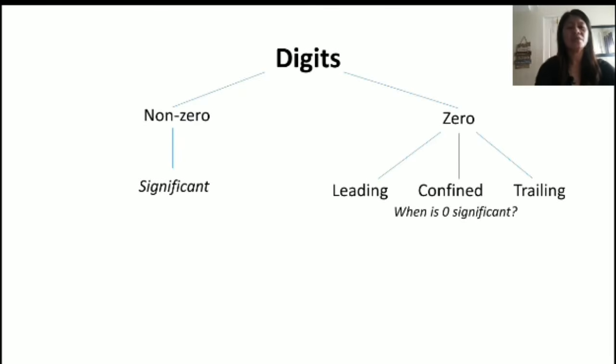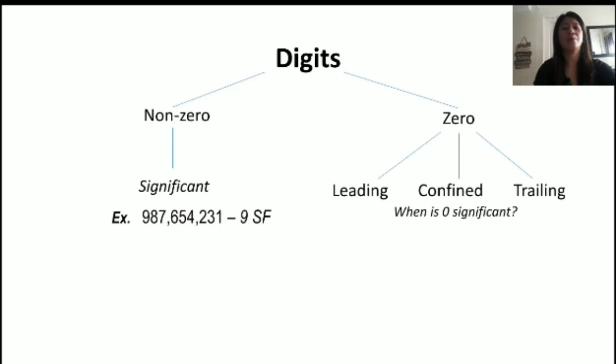So in terms of significance of digits, we consider the following flow chart. You will see here the breakdown of digits as non-zero and 0. So to recall the guidelines, guideline 1 states that all non-zero digits in a measurement or in a number are considered significant.